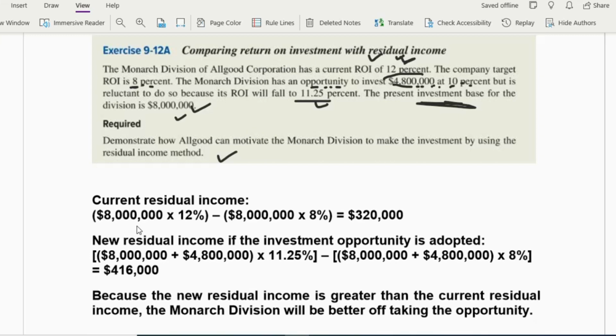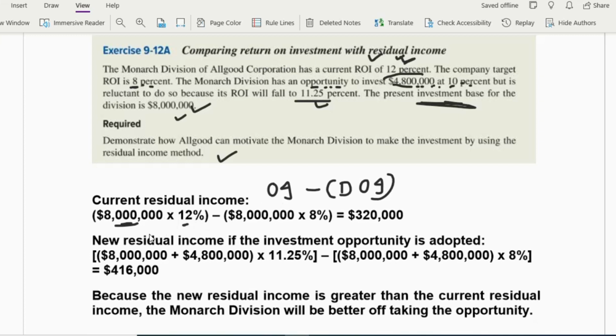So the current residual income is your current operating income minus desired operating income, right? And current operating income, how do we get it? It's simply your current ROI multiplied by your current operating assets. So current operating assets are 8 million and current ROI is 12%.